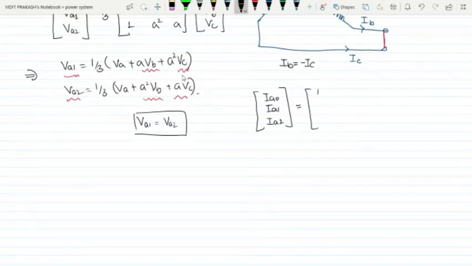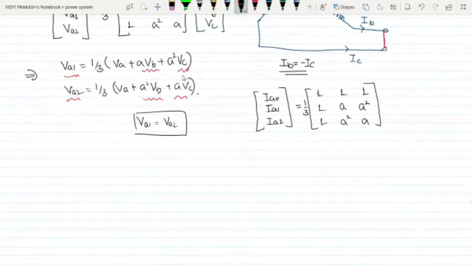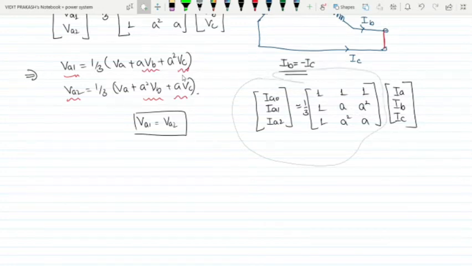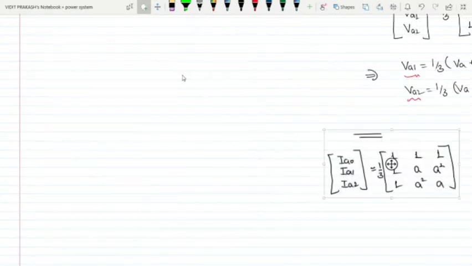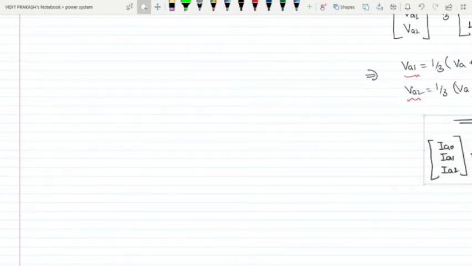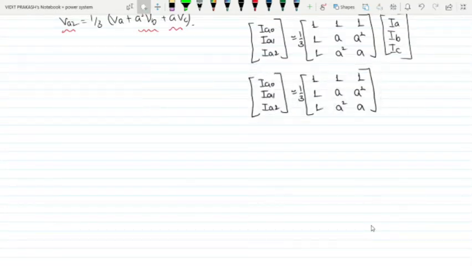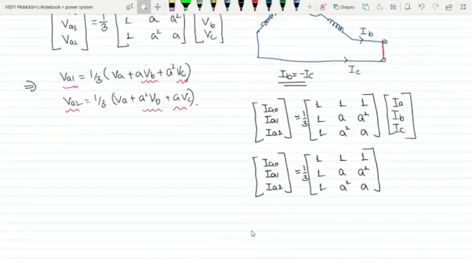Now, this is equal to 1 by 3 into the matrix 1 1 1, 1 A square A, 1 A A square, times IA, which is equal to 0, IB, which is equal to minus IC, and IC. So now this IA is equal to 0.